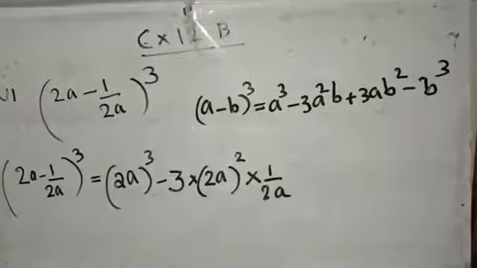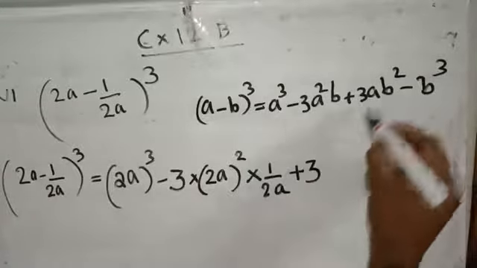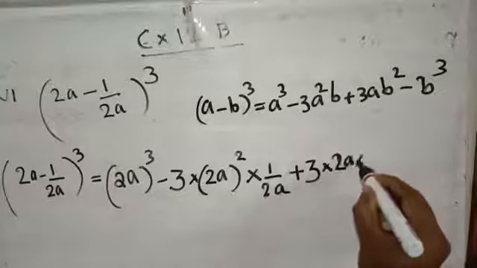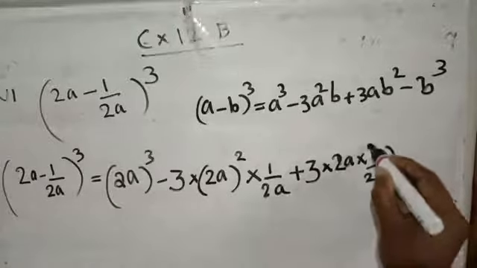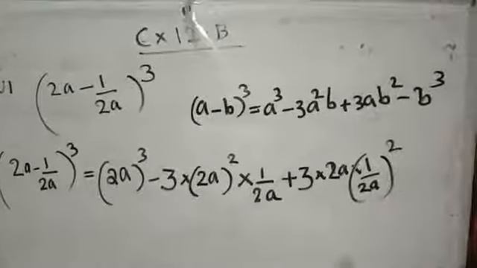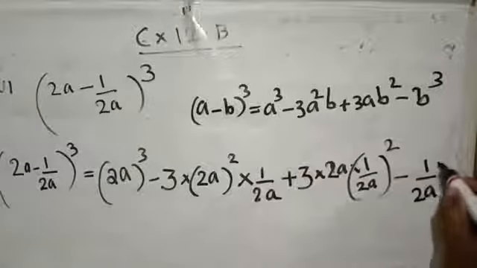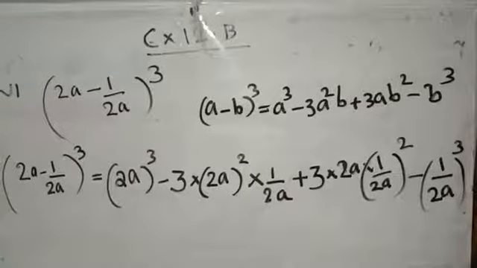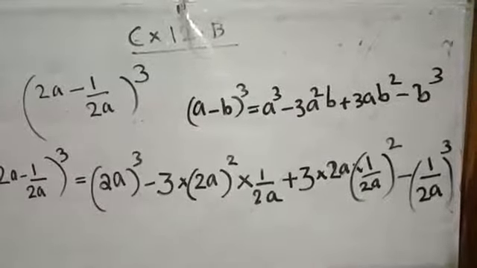Okay, plus 3ab square. What is a? 2a. What is b? 1 by 2a square. B square is there, you know. So 1 by 2a minus b cube. Our b is 1 by 2a. So 1 by 2a the whole cube.